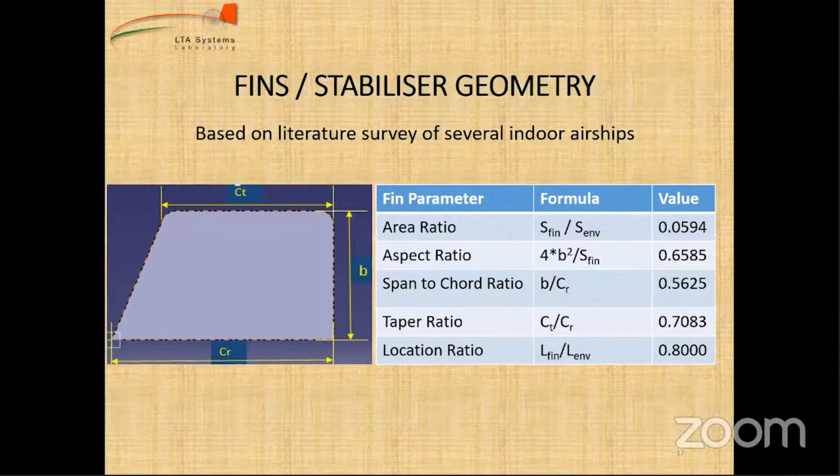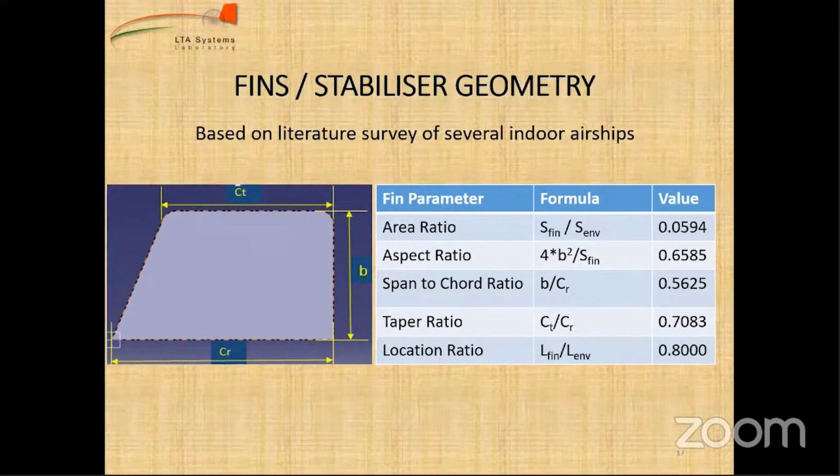What do you mean by location ratio? Sir, it will help us to determine the location of the fin on the envelope. No, so how do you define it? Length of fin divided by length of envelope.